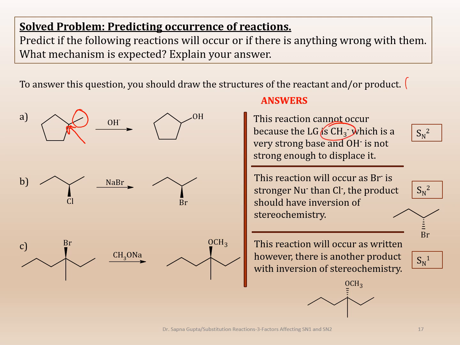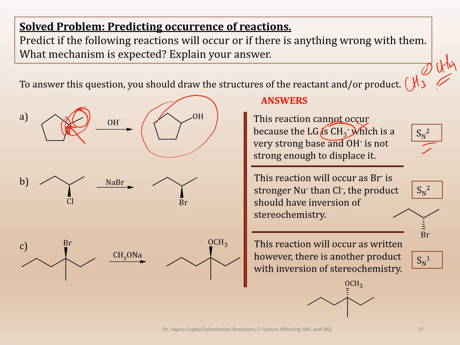No way, okay, because CH3 minus is coming from CH4, which is a really, really weak acid, okay? So weak acid means very strong conjugate base, so it's not a good leaving group, okay? The mechanism here that is proposed is SN2, okay, because that's a nice primary. It's not a primary, but it's a secondary leaving group, okay? So you would think, and a flat ring, so you would think it'd be an SN2 reaction.